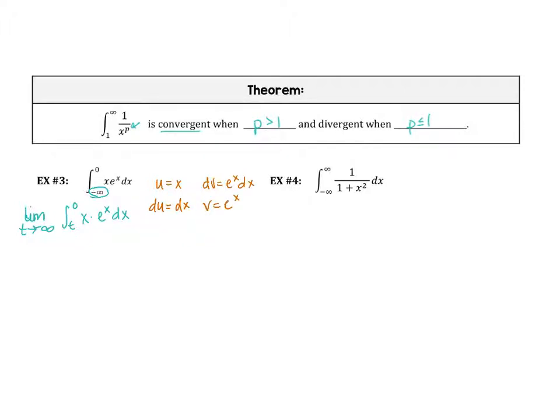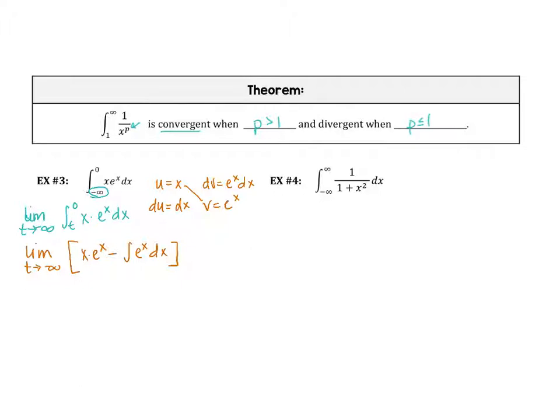And so now, if we look at this, we have our limit as t approaches negative infinity of, and I'm just going to put in these monster brackets here. We've got uv, so we've got our sunshine minus our voodoo, so the integral of v du. All right, so now let's look.